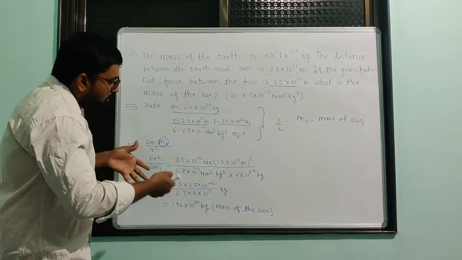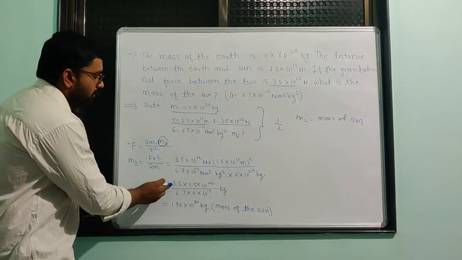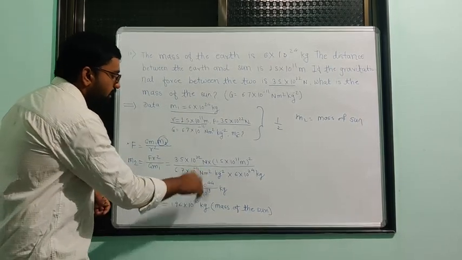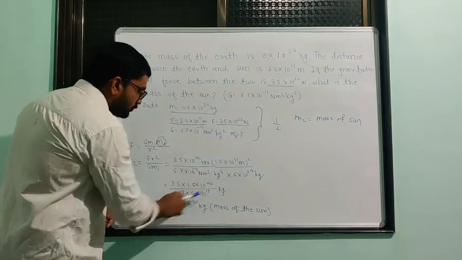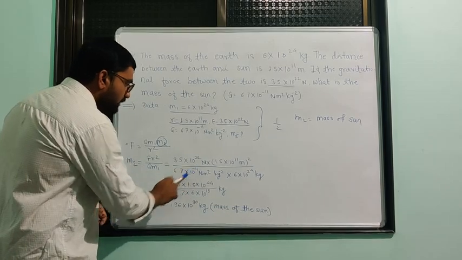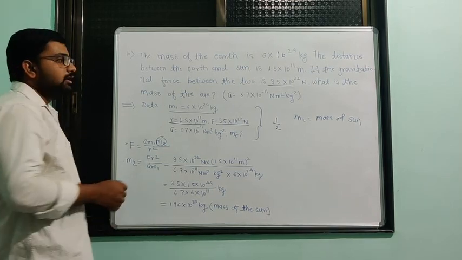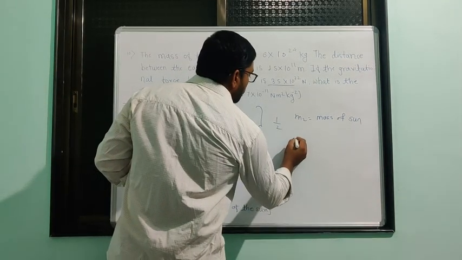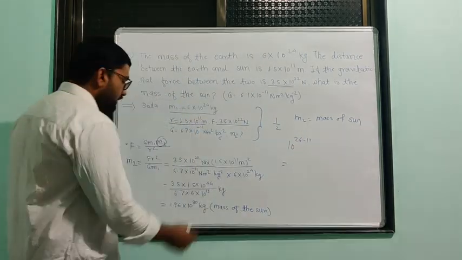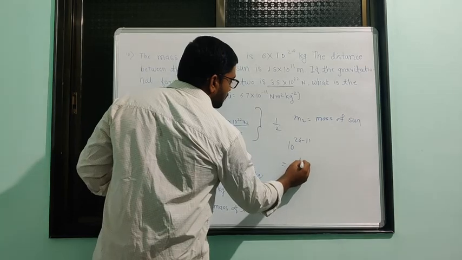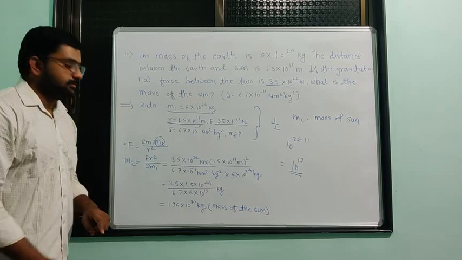If you combine all the powers in the numerator, the equation becomes 3.5 × 1.5 × 10^44 divided by 6.7 × 6 × 10^-11 × 10^24. So 10^24 minus 11 will be 10^13. So in the denominator it will become 10^13.